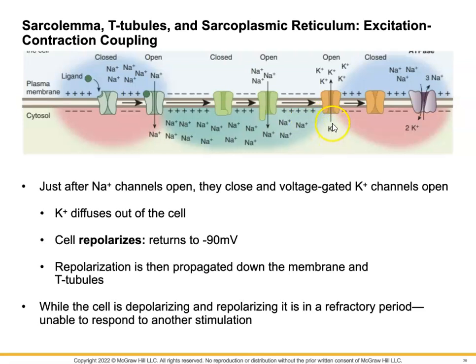Now, potassium gates are going to open with a little bit of potassium going out to help restore that negative inside the cell.